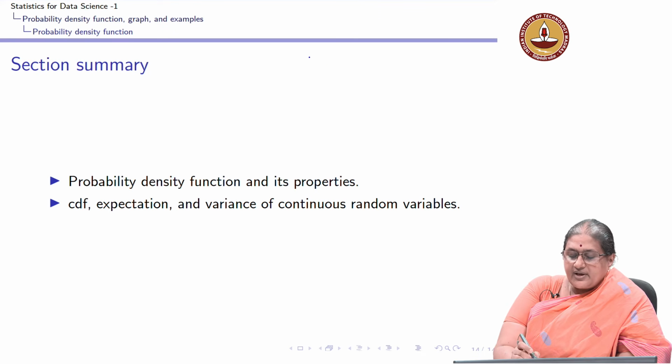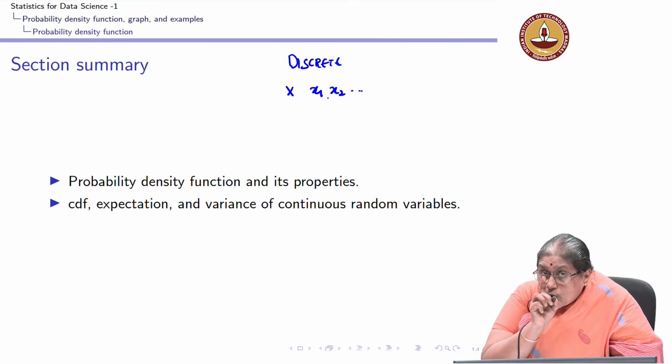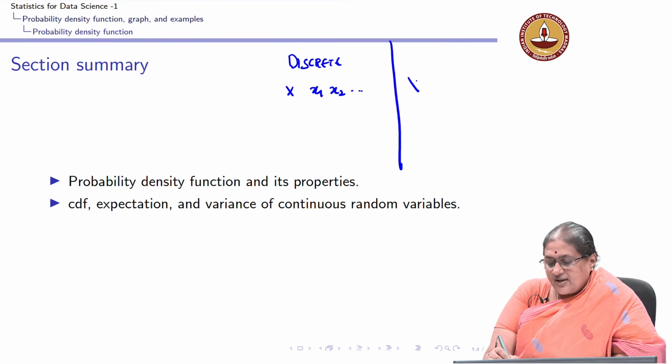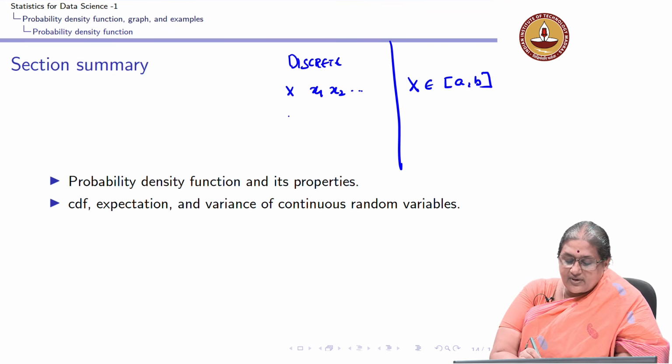So, in summary, in my discrete random variable, I had a probability mass function. In other words, x took the value x1, x2, xn. Countability was a key. Here x takes a value in an interval a to b. Here I am counting. Here x is measurable.